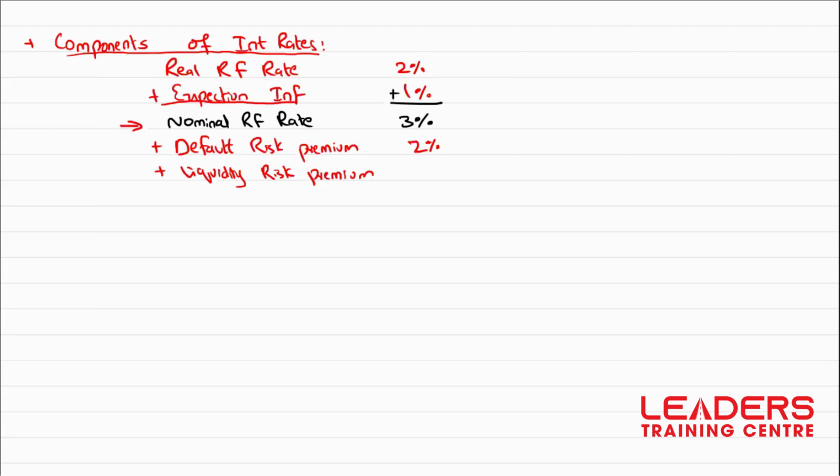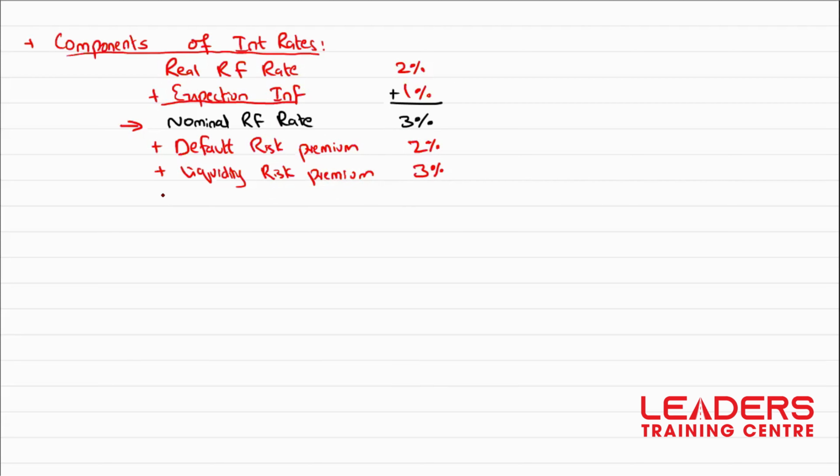So the property in a remote area will have more liquidity risk, and therefore you would demand a higher premium to compensate you for the price loss that would arise when you are selling your investment. So let's say that is around 3%. So our investment is quite illiquid, meaning the liquidity risk is actually higher.